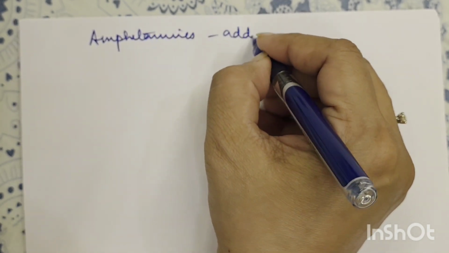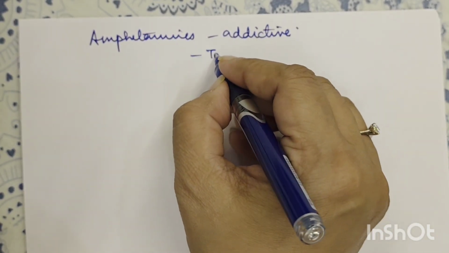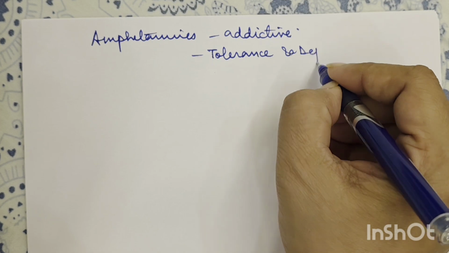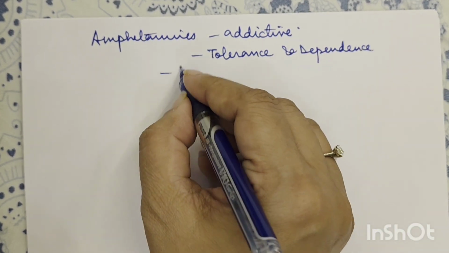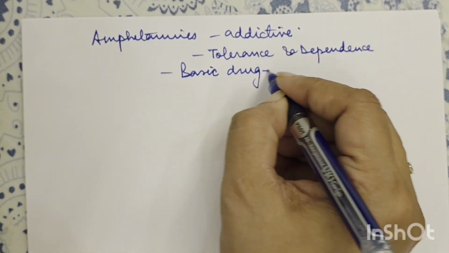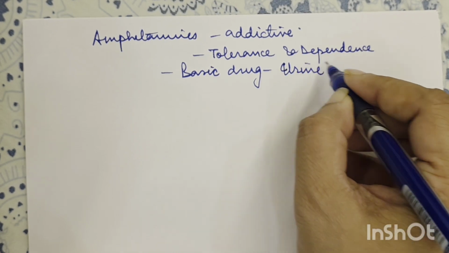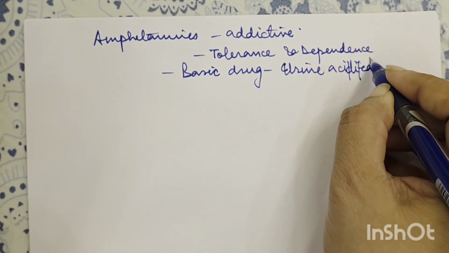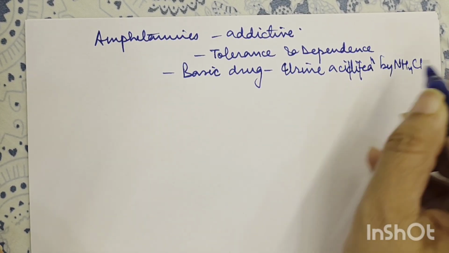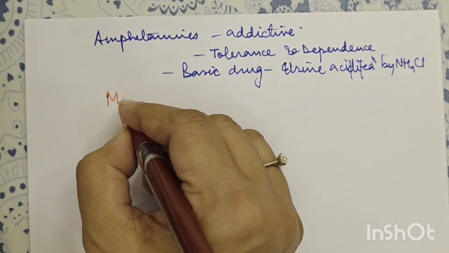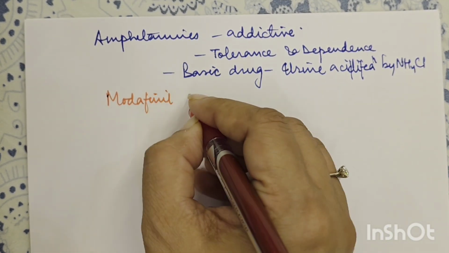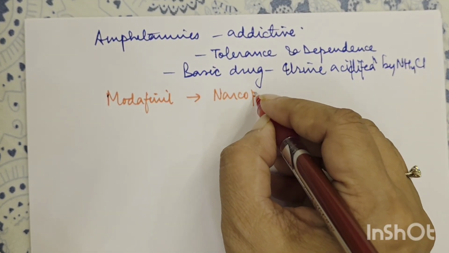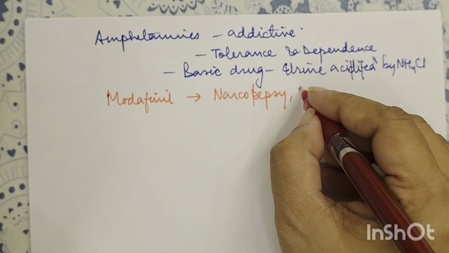Now amphetamines have an addictive potential, so now they are not used. They produce tolerance also and dependence also. Okay, and since it is a basic drug, any toxicity is corrected by urine acidification by ammonium chloride. Then there is a very important drug here, modafinil, and this modafinil is basically a drug of choice in narcolepsy, also in shift workers.